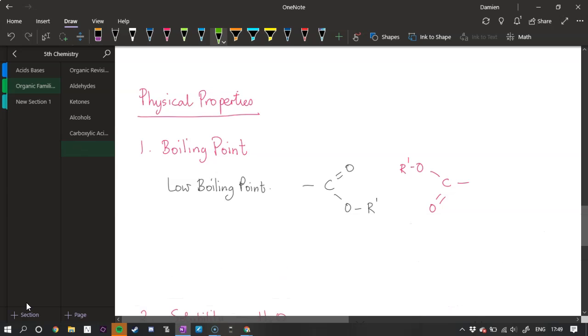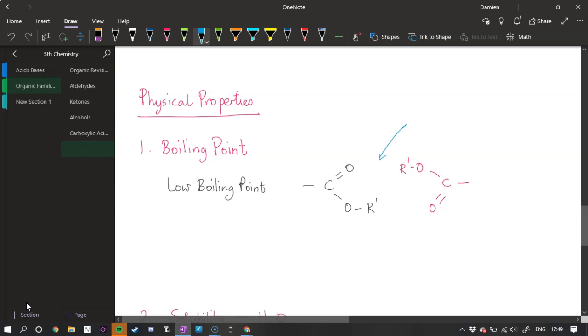They have a low boiling point, and here's why. What I've done is I've drawn out an ester molecule on the left and another ester molecule on the right. It's just flipped and turned around. They're both ester molecules. There is no hydrogen bonding here, mainly because there are no hydrogens.